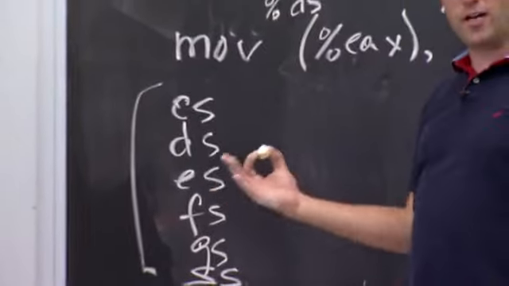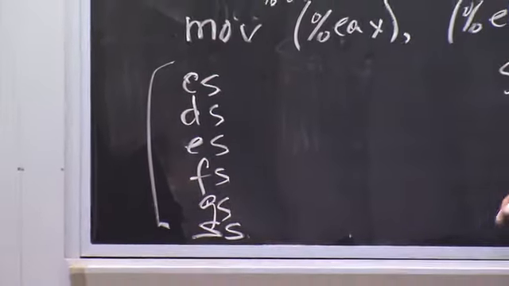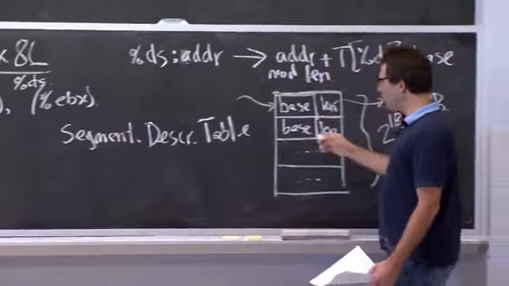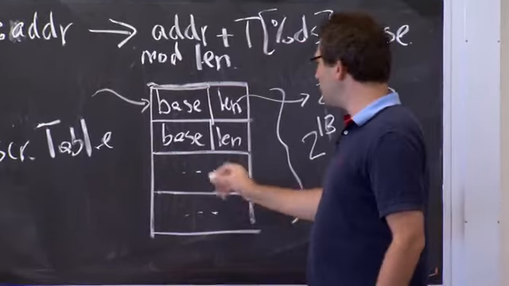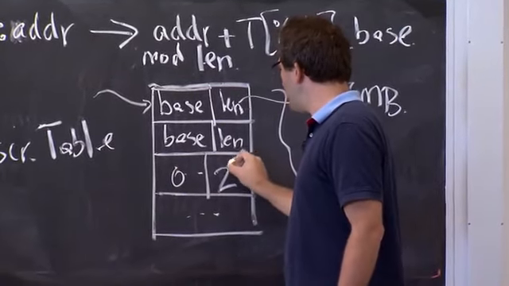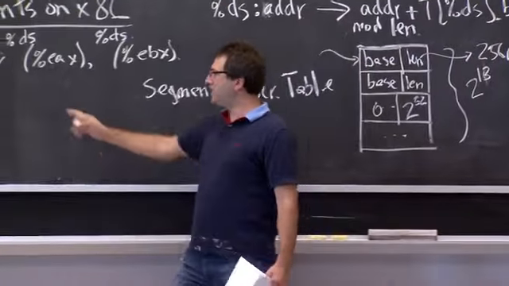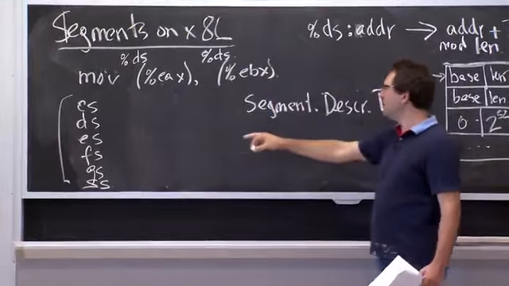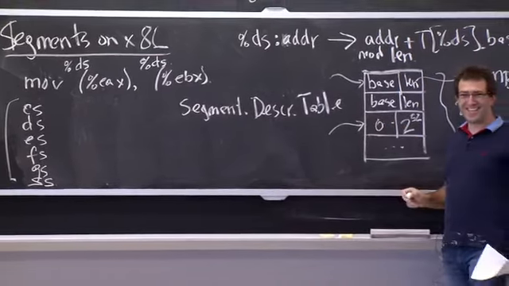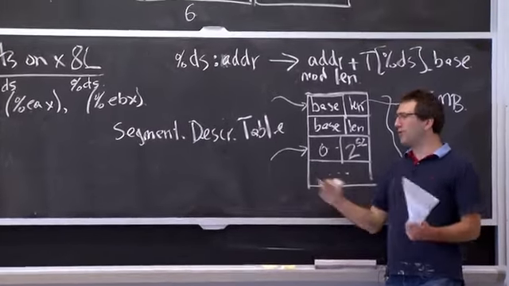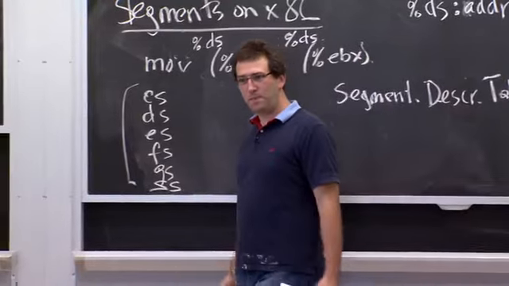So you have to make sure that the untrusted module doesn't tamper with these segment selectors, because somewhere in your descriptor table is also the original segment descriptor for your entire process, which has a base of 0 and a length of 2 to the 32. If the untrusted module could somehow change the CS or DS or ES or any of these to point to this original operating system segment that covers your entire address space, then it could do memory references with respect to this segment and get out of this sandbox.